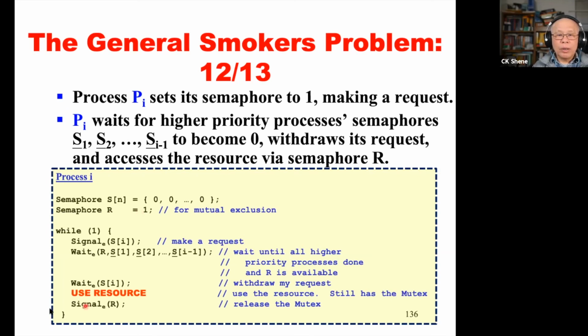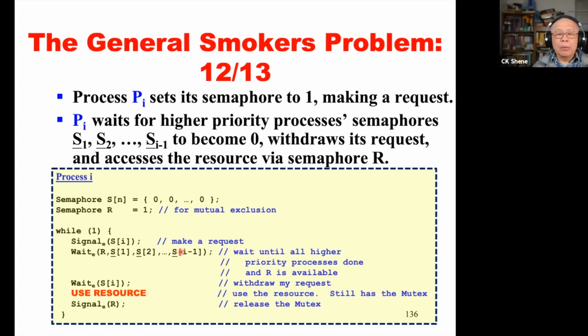So process I loops. Process I calls signal, passing it with semaphore Si. Notice here, this is the S set. So definitely, the counter of Si will be increased by 1. This signal means process I makes a request.